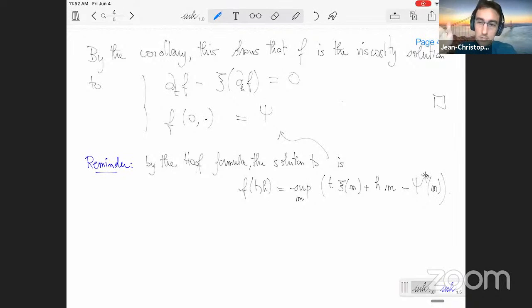The way I stated Hopf at first yesterday was sup inf, but you can rewrite it, you can hide the inf inside the psi star. So instead of writing inf and then something involving psi, I write everything in terms of psi star. I write it like this because this is exactly the formula we got from large deviations.